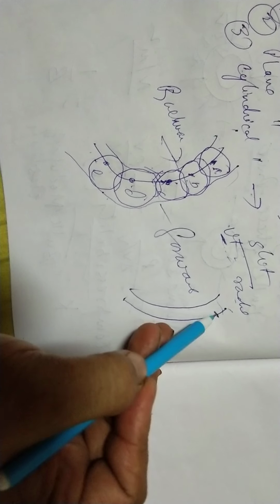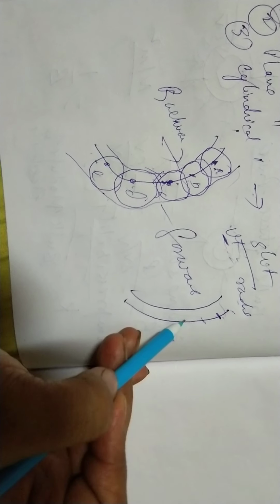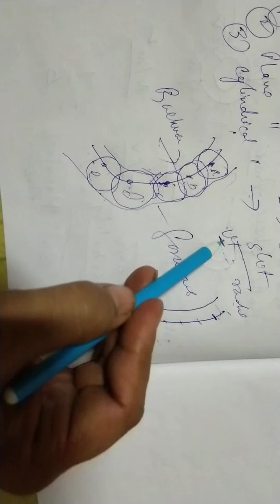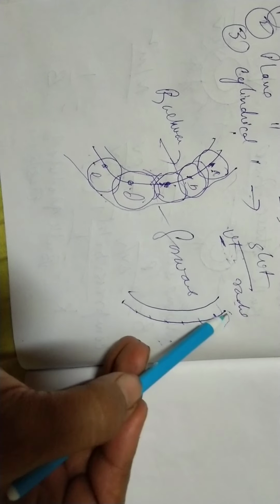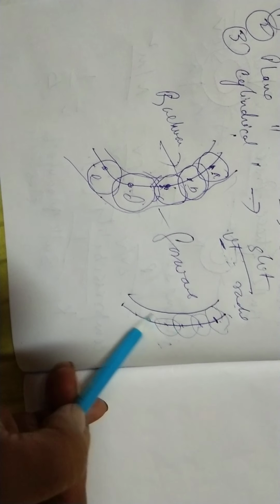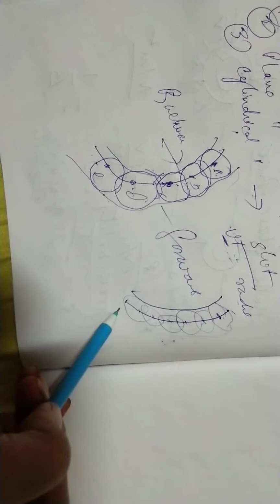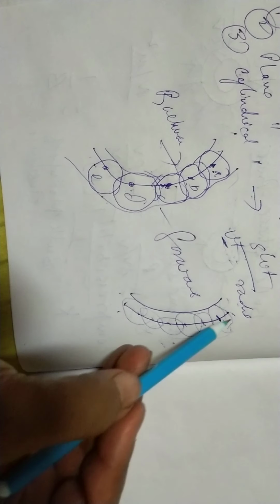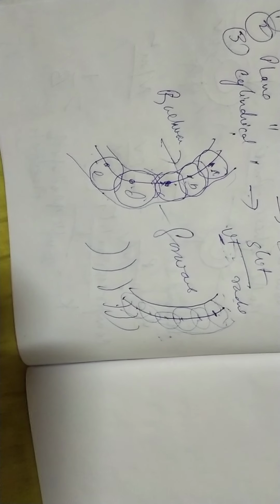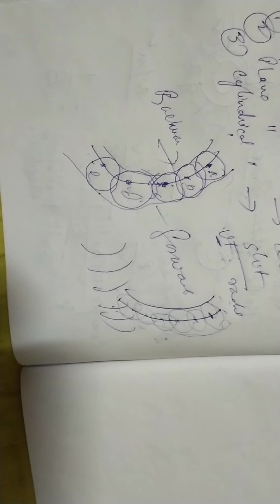Here also, taking the centers of all the particles and velocity times time as the radius, again circles can be drawn, and again you draw two tangents, the backward and the forward. The forward will give you the new wavefront. This is the way the wavefront propagates in a medium.